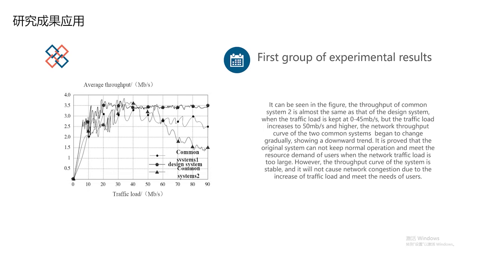You can see this figure, right? And it is clear that the throughput of the common system 2 is almost the same as that of the designed system when the traffic load is kept at 0 to 45 MB per second, but when the traffic load increases to 50 MB per second and higher, the network throughput curves of the two common systems begin to change gradually, showing a downward trend.